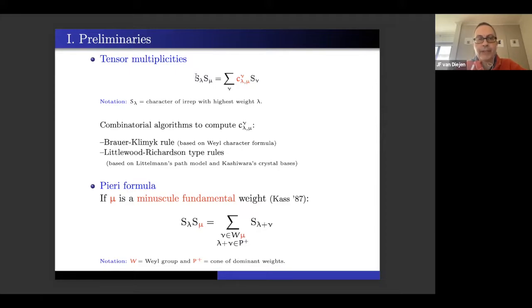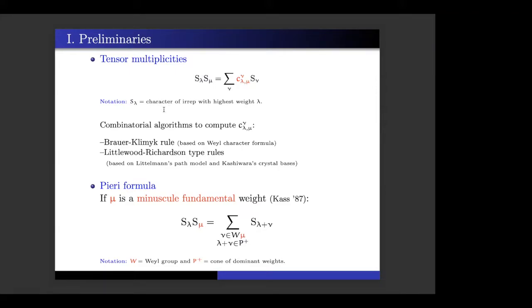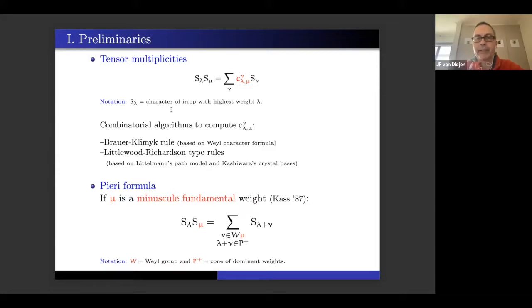So here my notation is S lambda is the character of an irreducible representation with highest weight lambda. I will be a bit informal about my notation, and introduce notations along the way in order to not make the presentation too heavy.